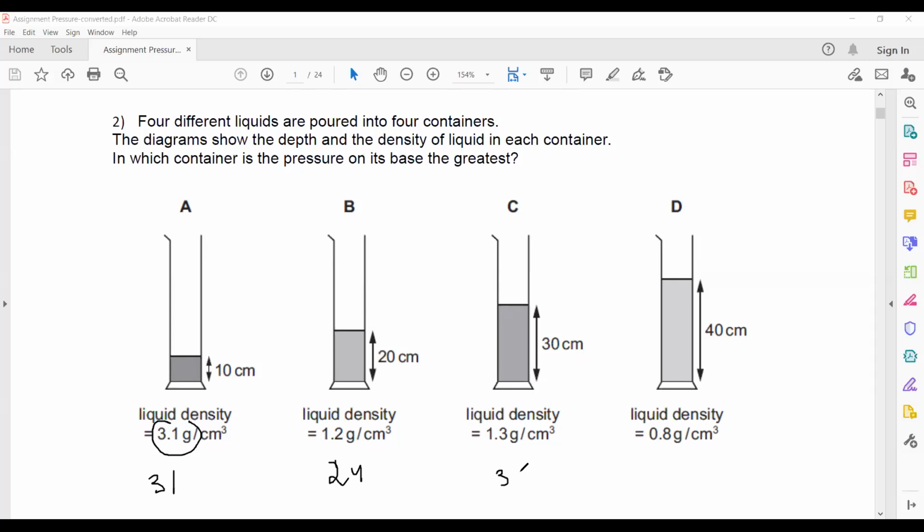And 0.8 multiplied by 40, sorry, 32. So which is exerting the highest pressure? C is exerting the highest pressure.